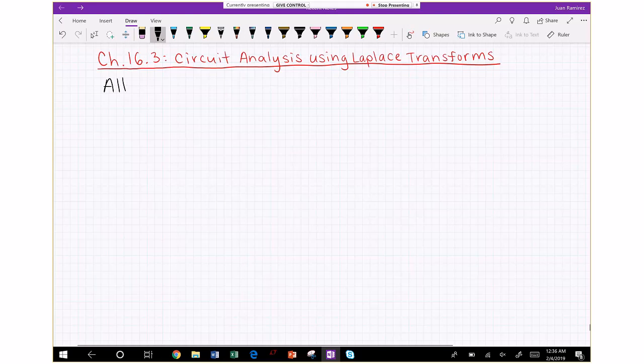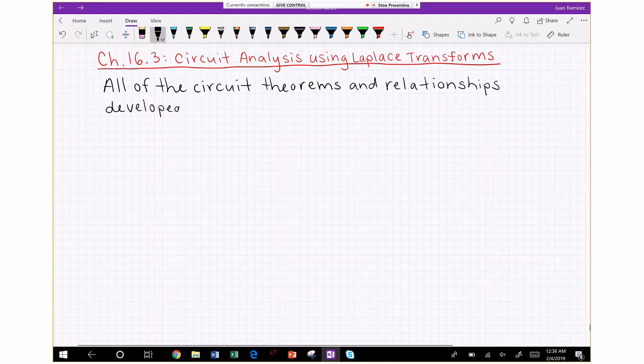So the main thing to know is that all of the circuit theorems and relationships that we developed or covered for DC circuits are valid in the S domain.